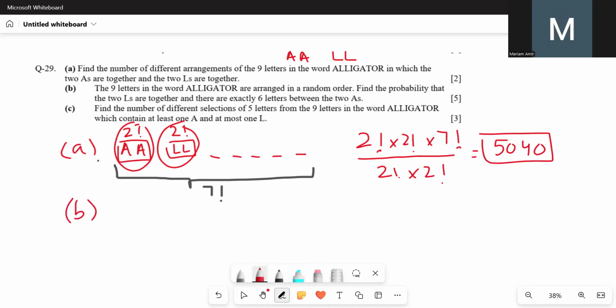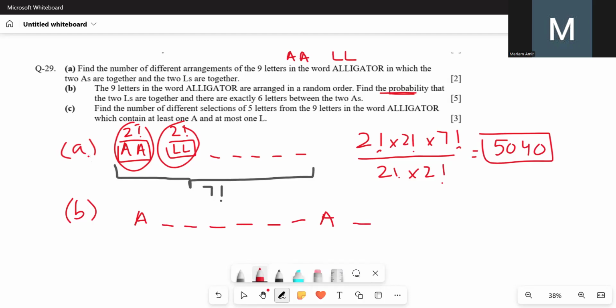Part B. The 9 letters in the word alligator are arranged in a random order. Find the probability that the two L's are together and there are exactly 6 letters between the two A's. Okay. So we have an A here, 6 letters in between, another A here, and then these make 8 alphabets.